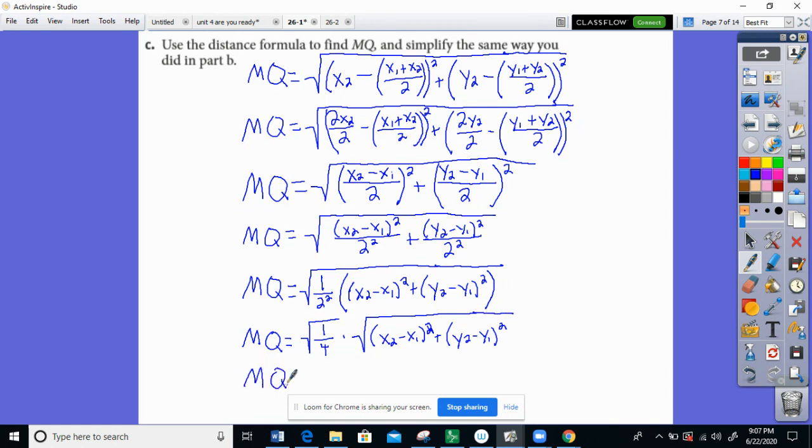Well, that's kind of nifty because the square root of 1/4 is 1/2 times that expression we originally got for the length of segment PQ.